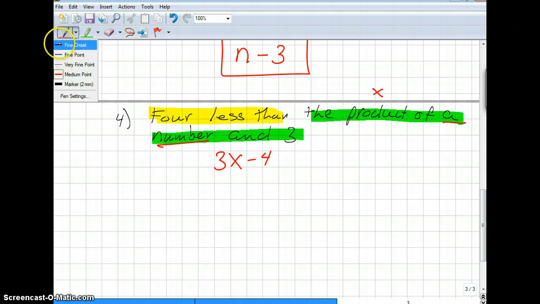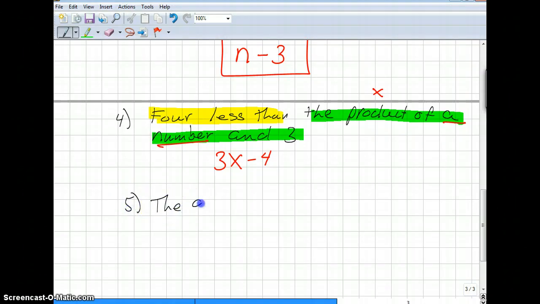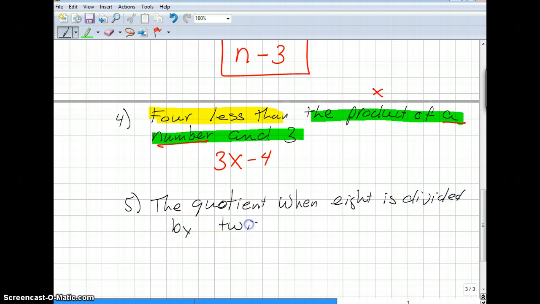Number 5. The quotient when 8 is divided by twice a number.